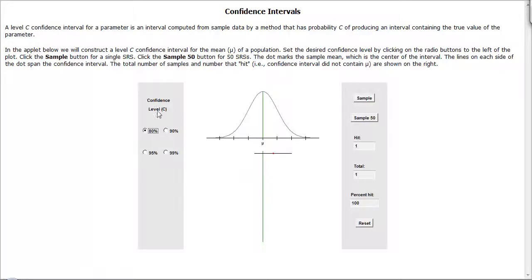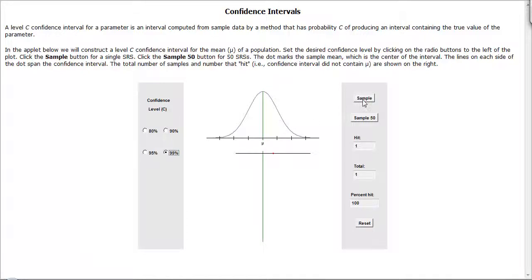If you lower your confidence, you may shrink the margin of error, but you're also saying that there are fewer numbers to choose from as an estimate because you're less confident that the sample average is close to the population average. And if you increase the confidence level, then you increase the margin of error, and graphically that means that you stretch out these black lines to encompass more possibilities.